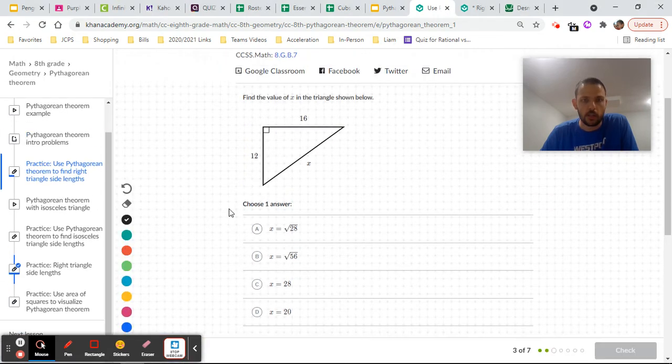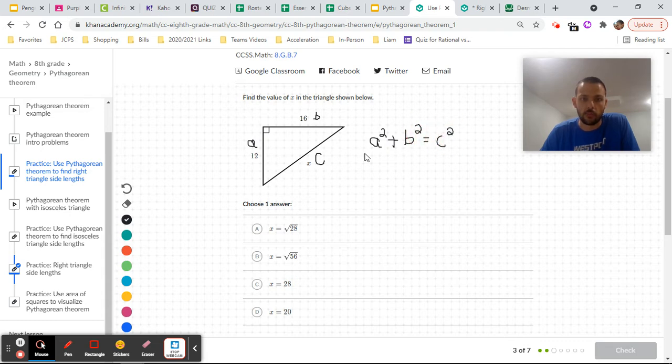So I know this is a leg, and this must be C that we're missing this time. This can be A, this can be B. These are interchangeable. You could have put A and B separately, it wouldn't matter. But I know we're going to do A squared plus B squared to get C squared.